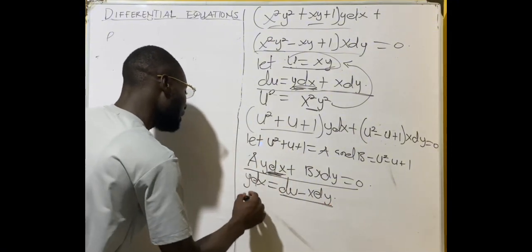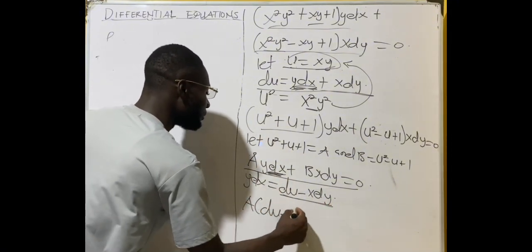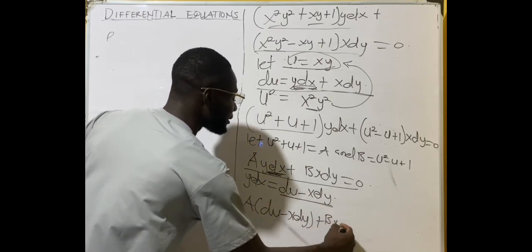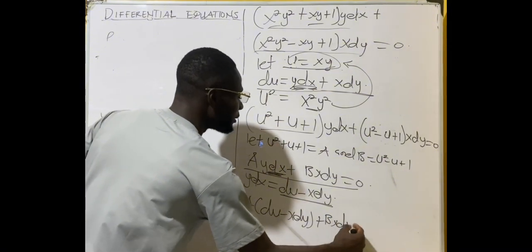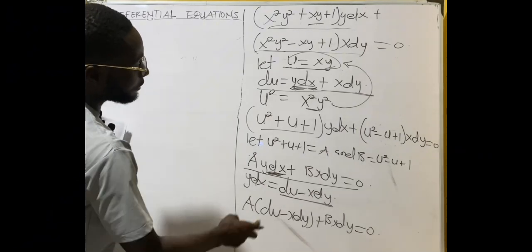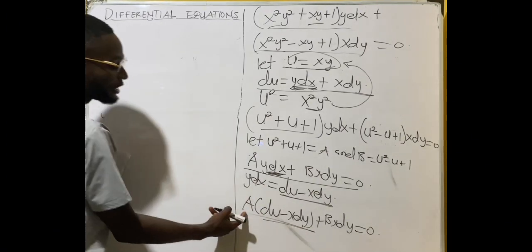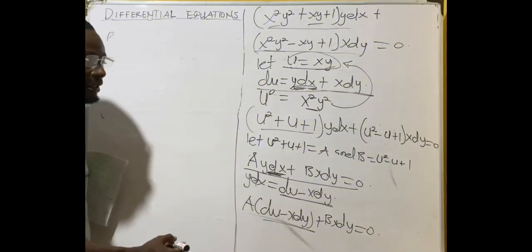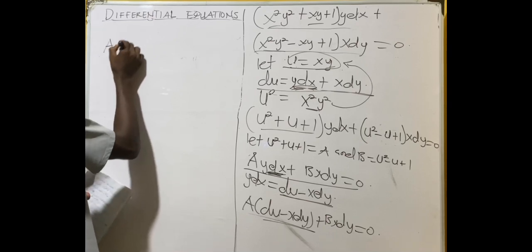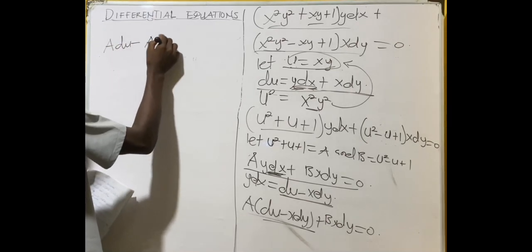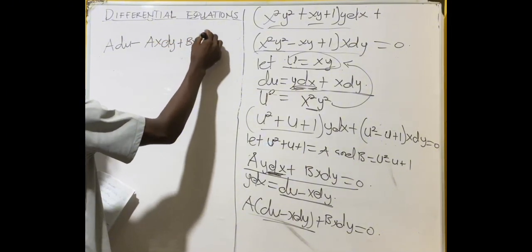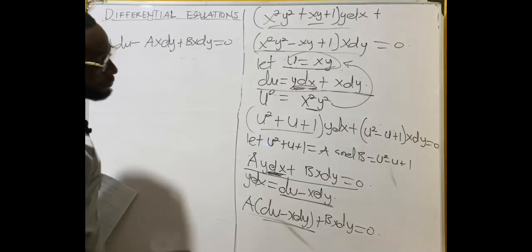So we're going to have a into du minus x dy plus bx dy equals 0, right? When we expand this, you're going to distribute the a to all the items in the bracket, right? So we're going to have a du minus ax dy plus bx dy equals 0, right?